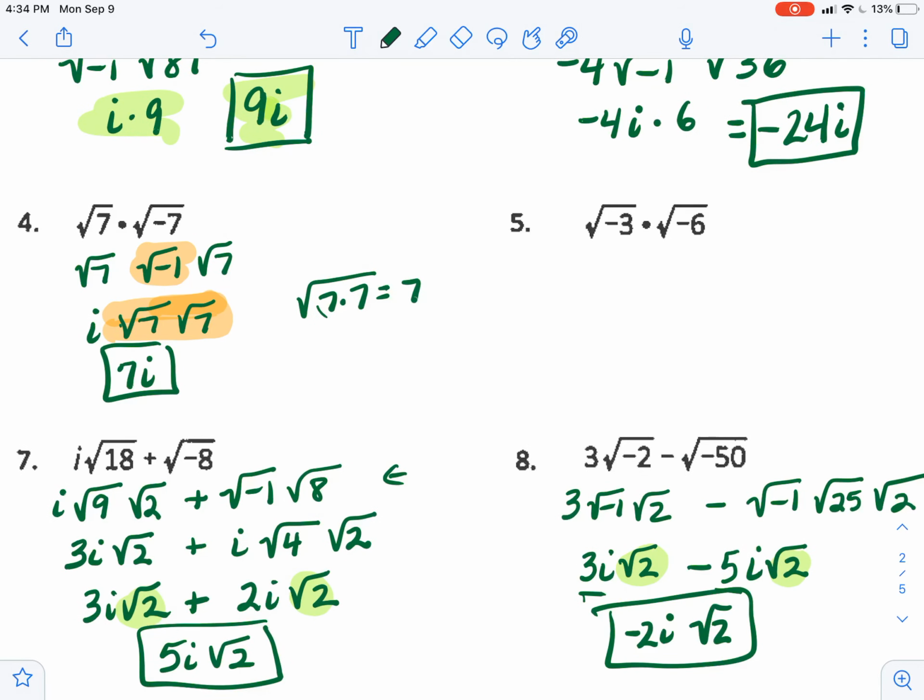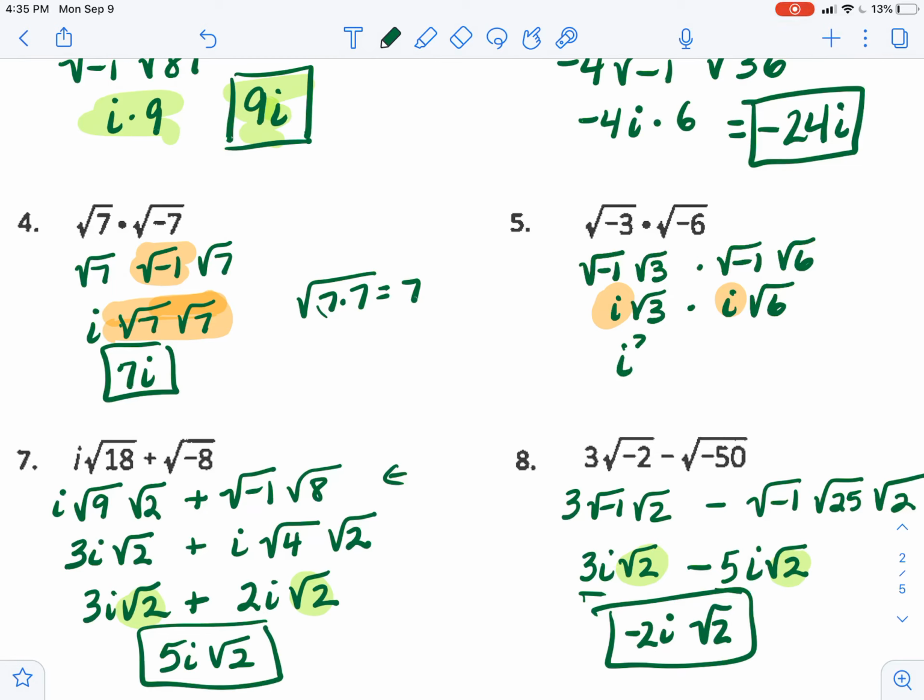Again, I'm going to break this apart. So this is the square root of a -1, square root of 3. Over here, I've got the square root of a -1 and square root of 6. The square root of -1 is i, square root of 3. i, square root of 6. Now again, I'm going to take my i's and put them together.